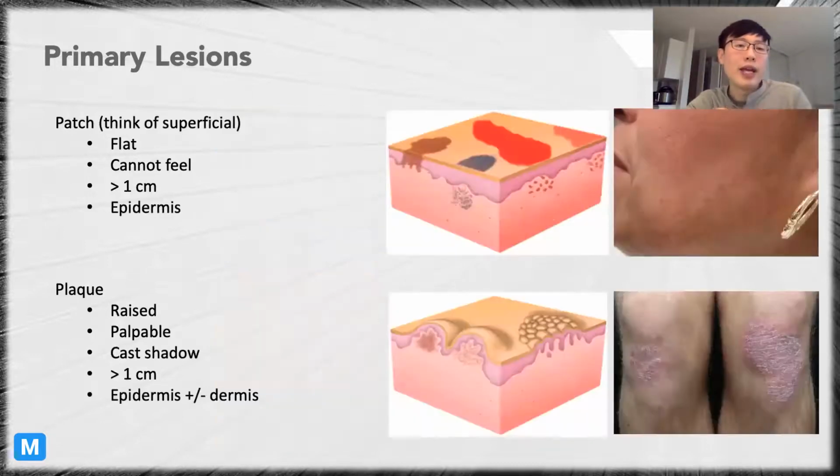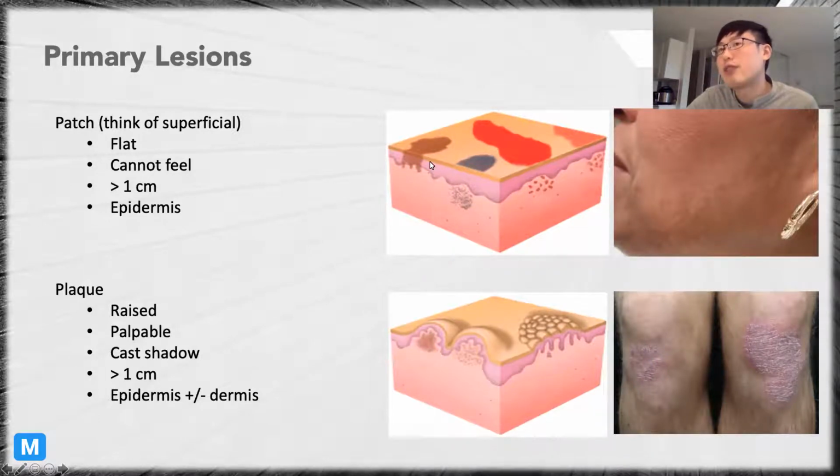And this is a pathology picture, and then clinical pictures, as you can see on the right side. Most of the patch is a process happening in the epidermis. As you can see, this is epidermis, and there's minimal involvement of the dermis.